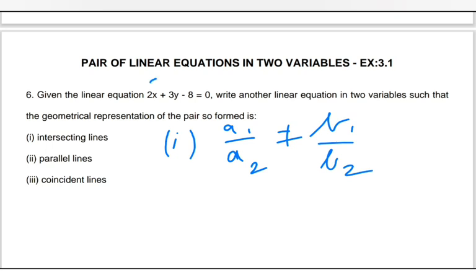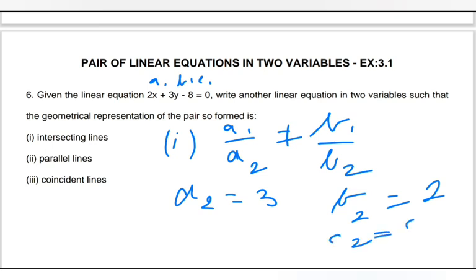So here is a1, b1 and c1. We should take the equation such that a1 by a2 is not equal to b1 by b2. So let's take a2 as 3, b2 as 2, and let's take c2 as 7.